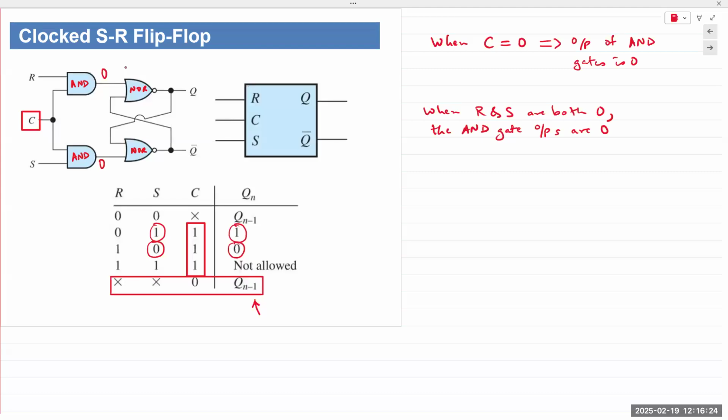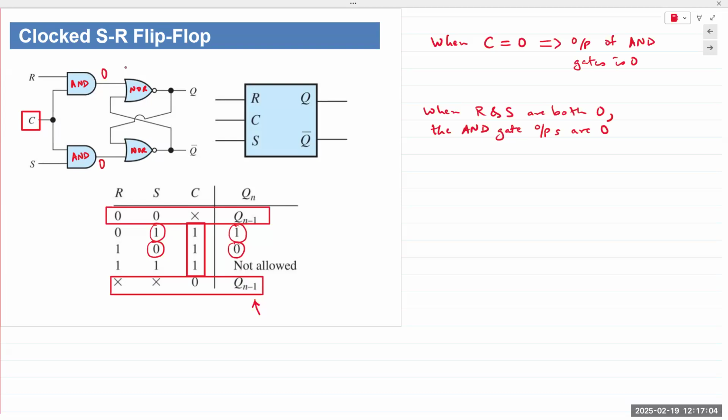And the SR flip-flop output is again the previous state, Qn minus 1, which is the first state in the truth table. So again, when the clock is 0, the output remains in the previous state. When both R and S are 0, the output is still in the previous state. The other inputs become irrelevant.